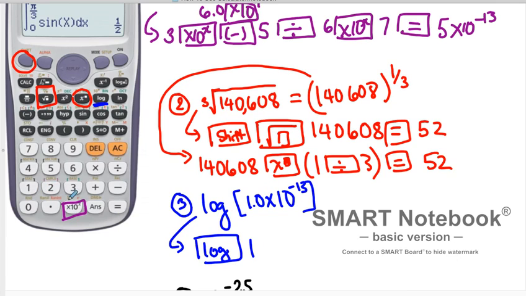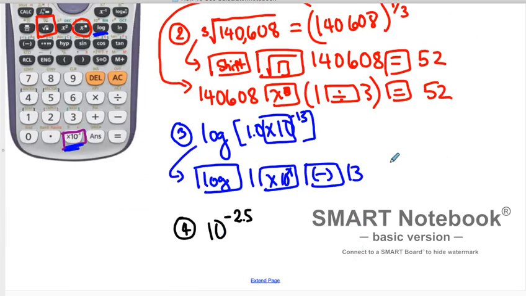And remember this button here, it replaces this whole entire term here. So we're going to put that here, times 10x, and then you can just put in negative 13. So the button for negative and then 13. You press the equal sign, and you should get an answer of negative 13.